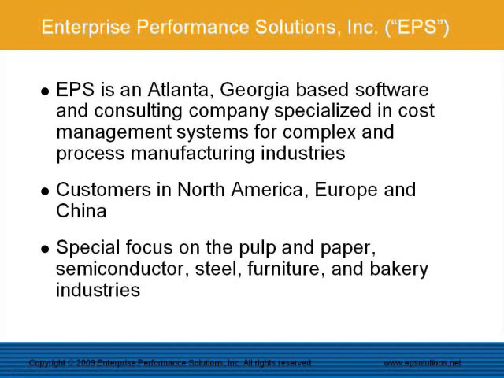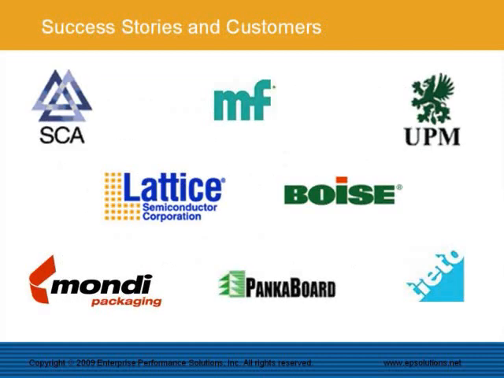We have special cost management competence for the pulp and paper, semiconductor, steel, furniture, and bakery industries. Our customers include well-known pulp and paper companies like SCA, UPM Kymmene, Boise, Mondi, and many more. In the pulp and paper industry, we also have a strong partnership with Tieto, the leading IT provider to this industry.